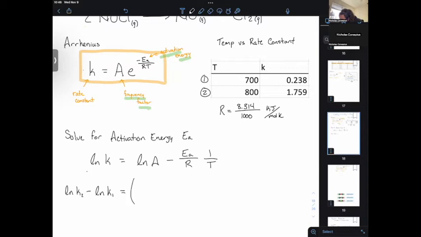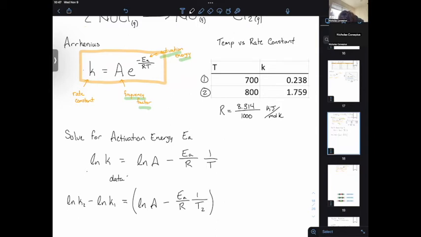Then I'm going to put it in parentheses here, the natural log of A minus EA over R times 1 over, again, subtracting that second data point from the first data point. You can kind of make a note that that's what we're doing here. That's our strategy. Data point 1 minus data point 2.